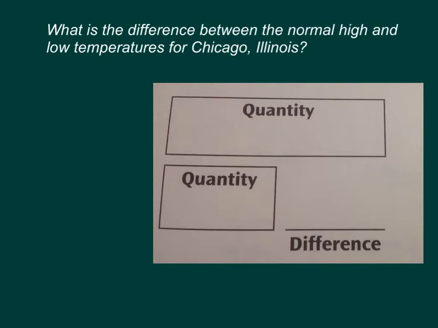So in this case, we knew that the high temperature was one quantity, and that was 65. And the low temperature was the other quantity, which is 44. We'd have to come up with a difference. And that's what we didn't know. So we'd put a question mark there.